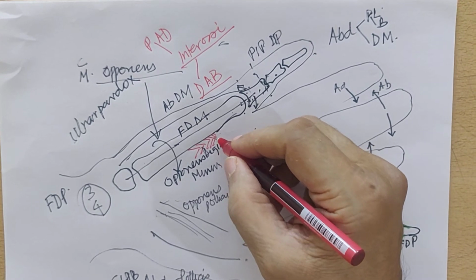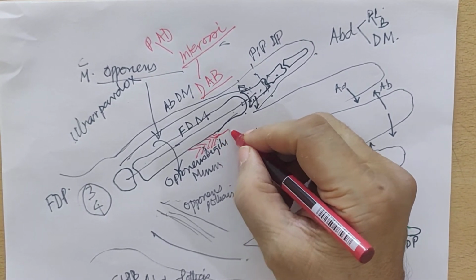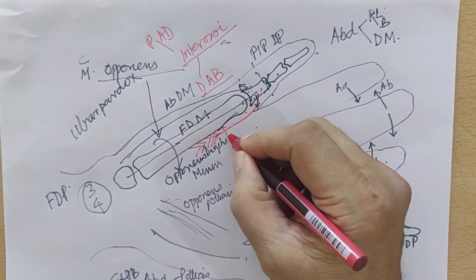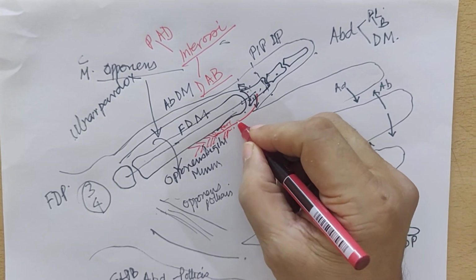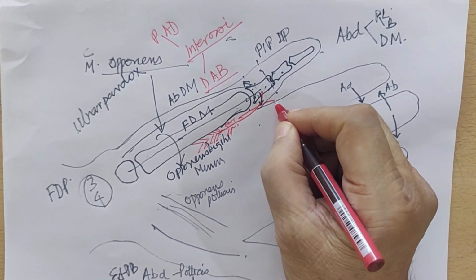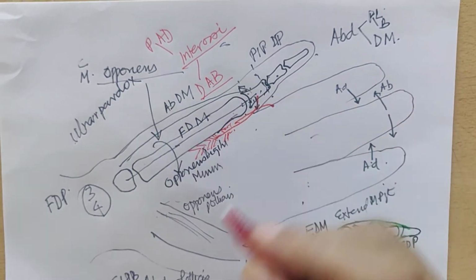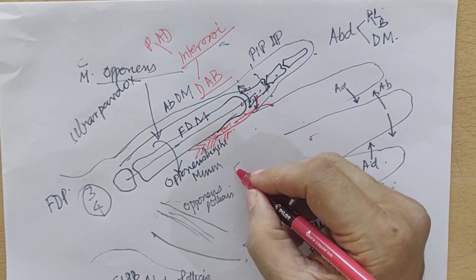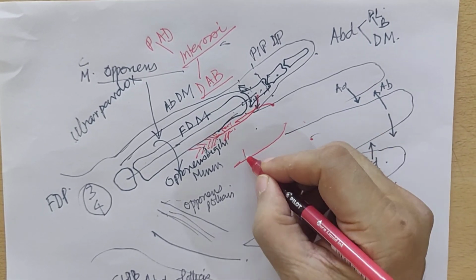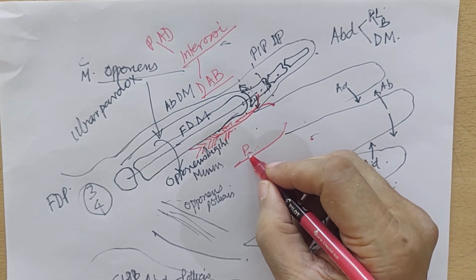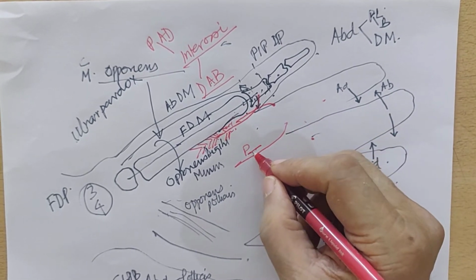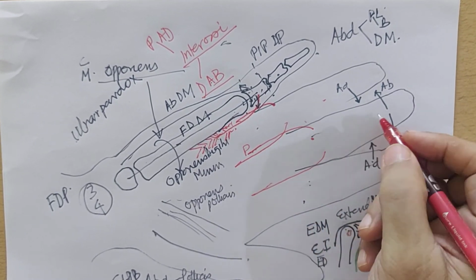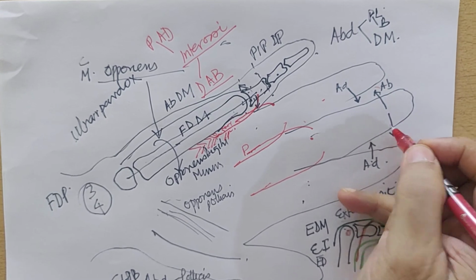Therefore, supposing I want the palmar interossei of this, it will go and adduct this finger. And supposing I am talking about the dorsal interossei between the space, it will abduct this finger. Since the middle finger has to be adducted, it will be adducted by the palmar interossei of this, and the middle finger will be abducted by two dorsal interossei, because this movement and this movement both are abduction.